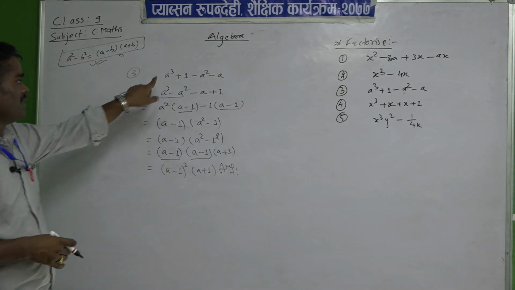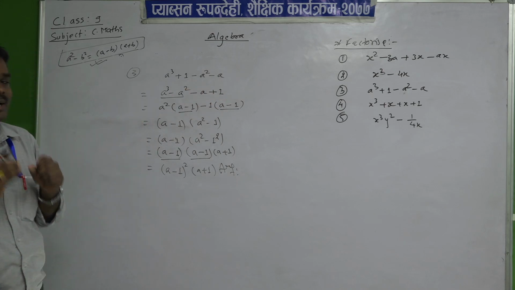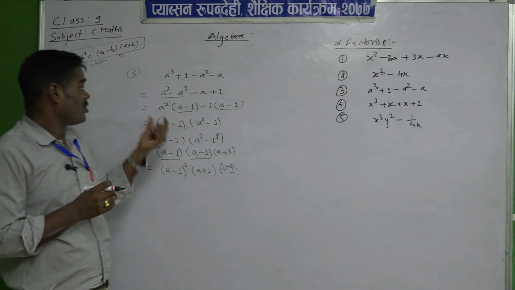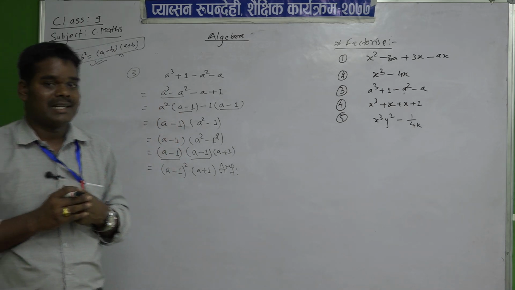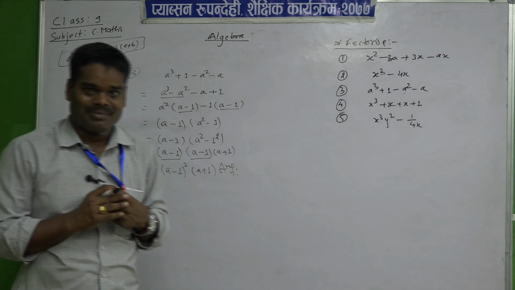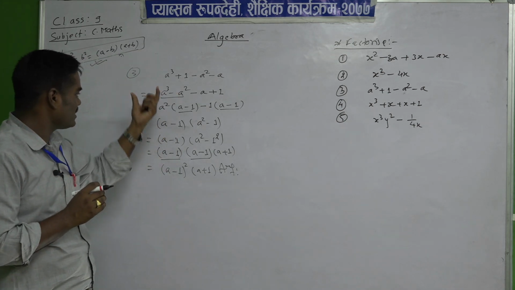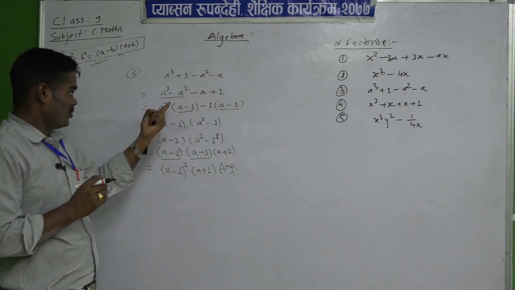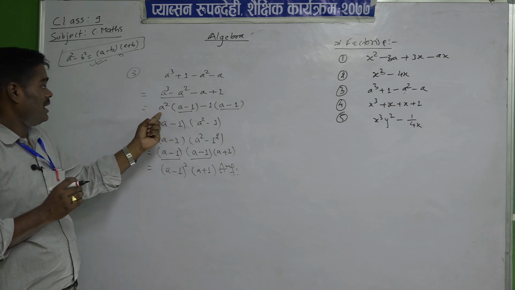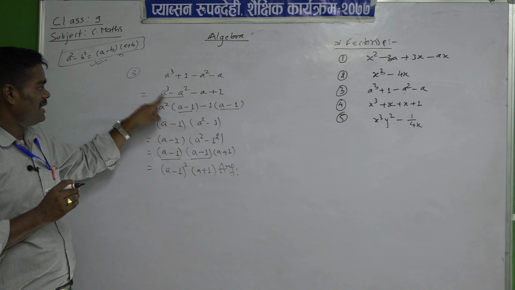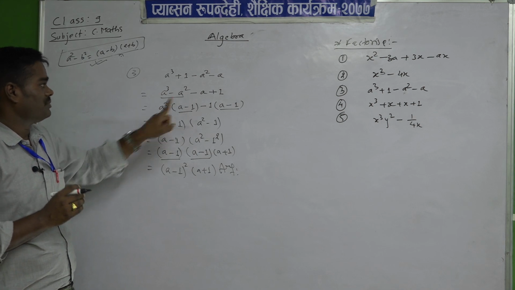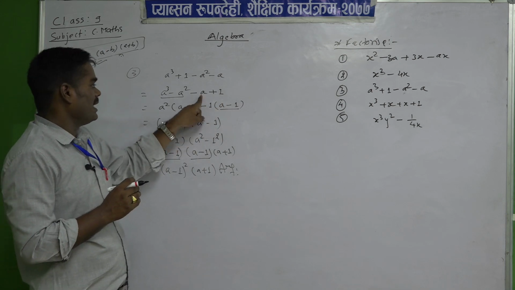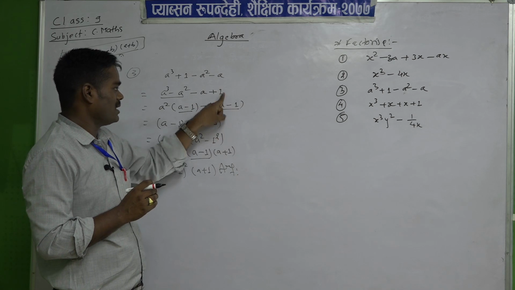Once again, 4 terms are given here. You only have to arrange the given terms so that after taking the common factor from 2 terms, whatever is inside the bracket must be the same. We arranged it like this: a cube minus a square minus a plus 1. We take the lowest power common, so a square is taken common, and what is left in the first term is a, and then 1. Minus 1 is common in these 2 terms, so I have taken 1 common, minus into plus is minus, and then 1.